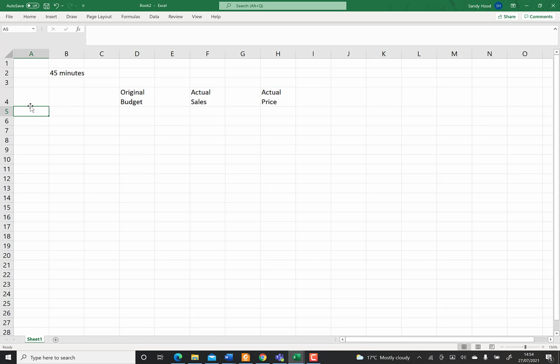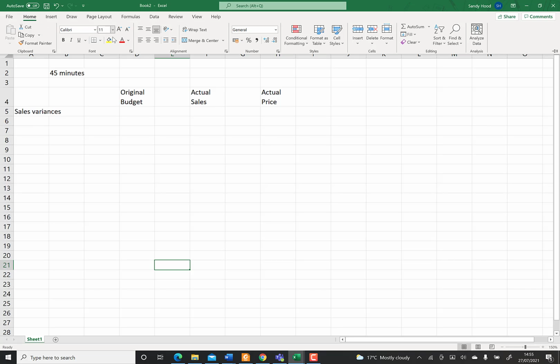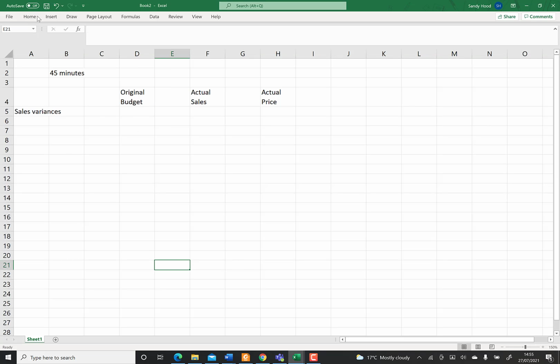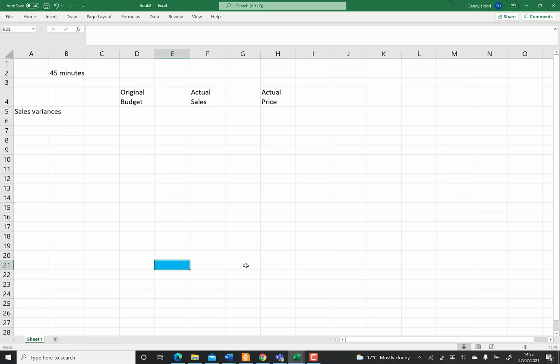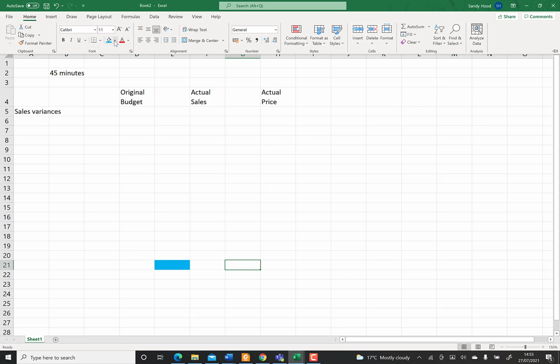Now we're looking at sales variances. We can see quite quickly that we're dealing with 2 products, so we'll get into that in a minute. But we know that we've been asked to work out a sales price variance, so that will be down here. If I give it a nice little colour, make it pale blue, and then in here we'll make this one a sort of orangey colour.